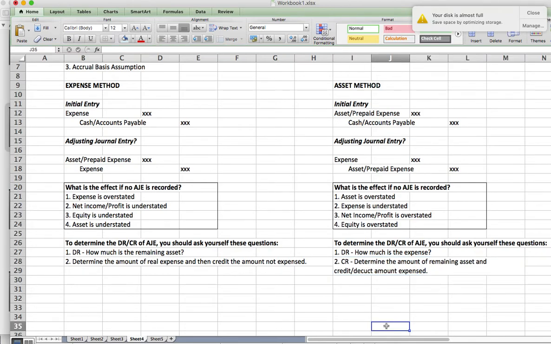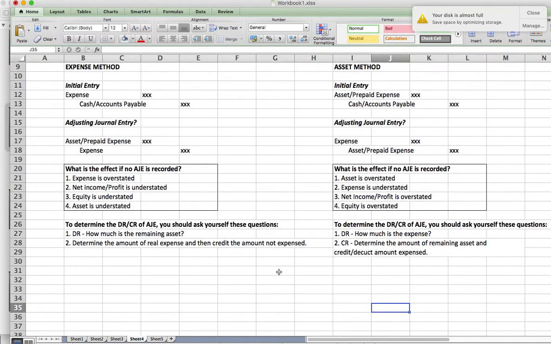Okay. So, kung hindi naman sinabi kung ilan yung expense, isipin mo, baka naman sinabi kung ilan yung remaining asset, or baka malalaman natin kung ilan yung remaining asset. So, you determine the remaining asset, at kung alam mo kung ilan na lang yung talagang asset, alamin mo kung ilan yung dapat mong ibawas doon sa initial asset na nirecord mo, para makuha mo yung actual remaining asset. And that would be your credit side.